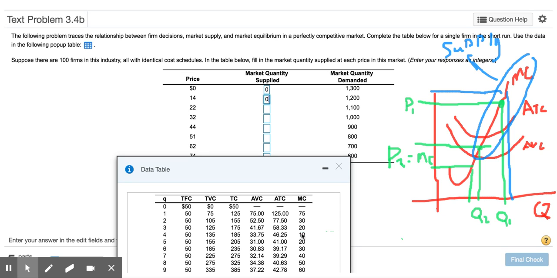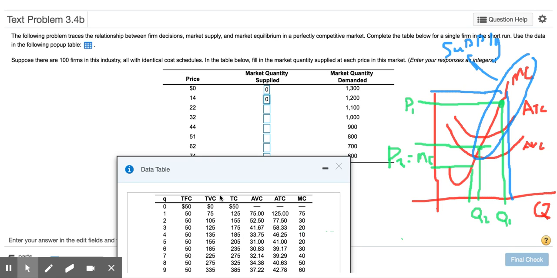So even though 20 and 10 are below the price, meaning that the price is higher than marginal cost, we shouldn't produce in here because that will be basically increasing your losses. Your losses will be magnified. Therefore, we shouldn't produce in here.